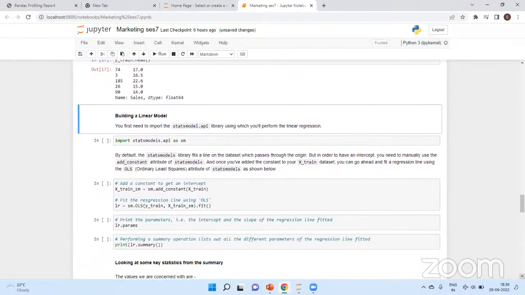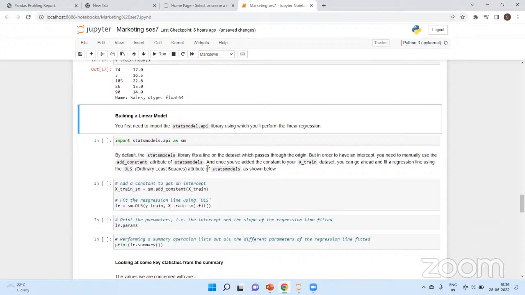Next, building a linear model. To build the model, we need to import the library with which you will perform the linear regression, statsmodels.api. Statsmodels fits a line on the data set which passes through the origin.